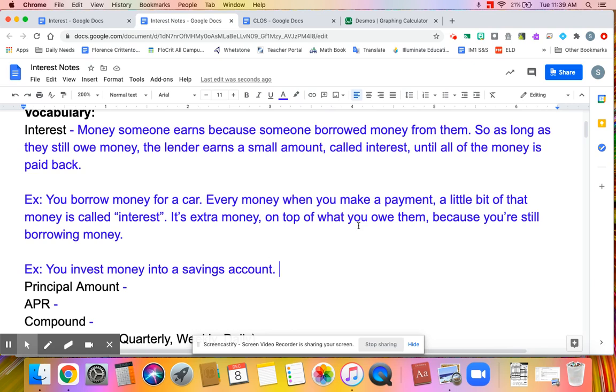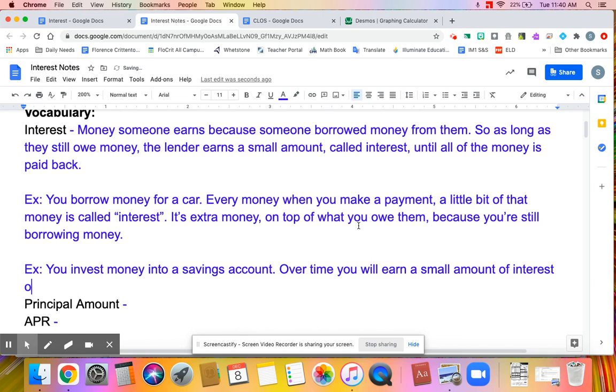And so because you're letting them hold on to your money and borrow it for the moment, a lot of savings accounts will give you a small amount of interest back. So over time, you will earn a small amount of interest for saving the money. The reason why they're different than a checking account is because with a checking account, you pull money from, you put money in, it goes back and forth.